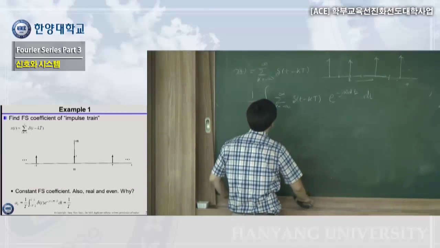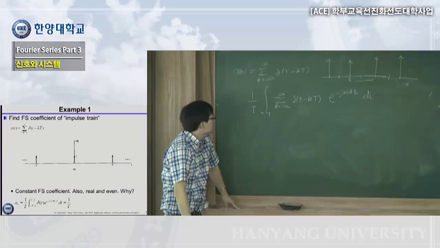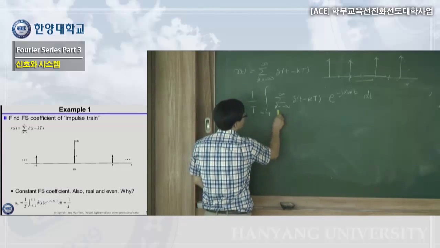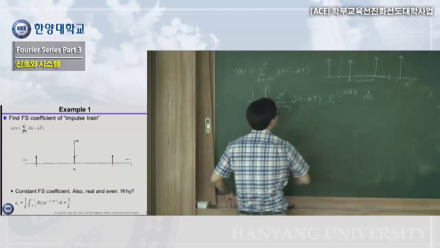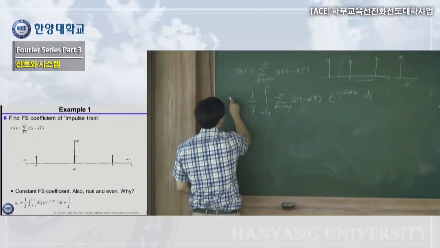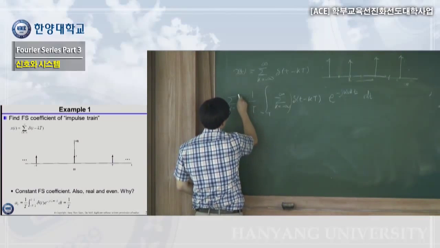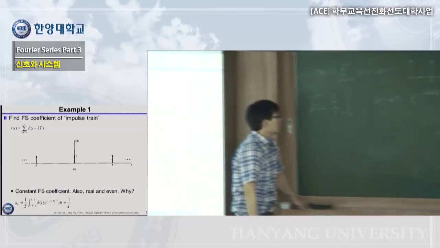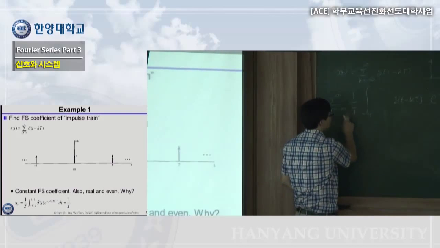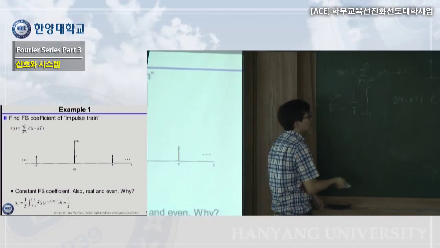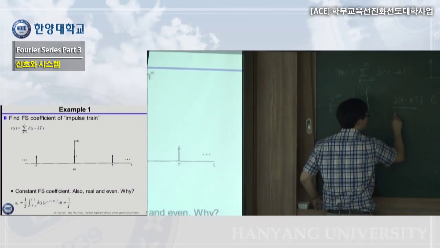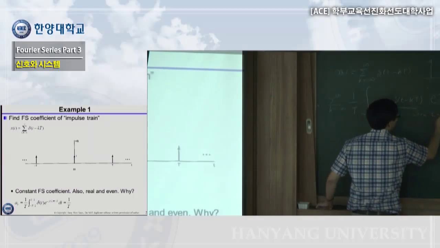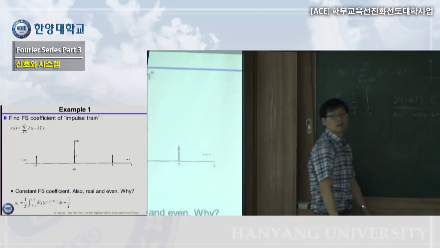Let's calculate. You may define it like this. This exponential doesn't have any relation with the delta, so let's take it outside. And then let's define delta. This is not 0 only when t equals kT, right?